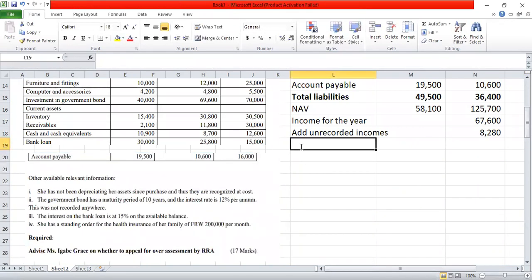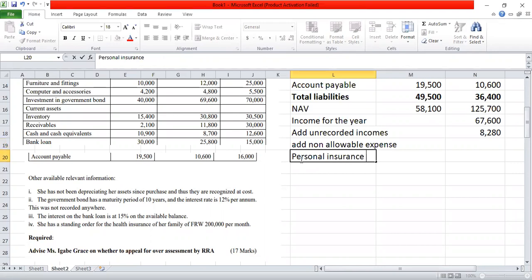Add non-allowable expense. We have a personal insurance, which is 200 times, because it's 200 times 12.